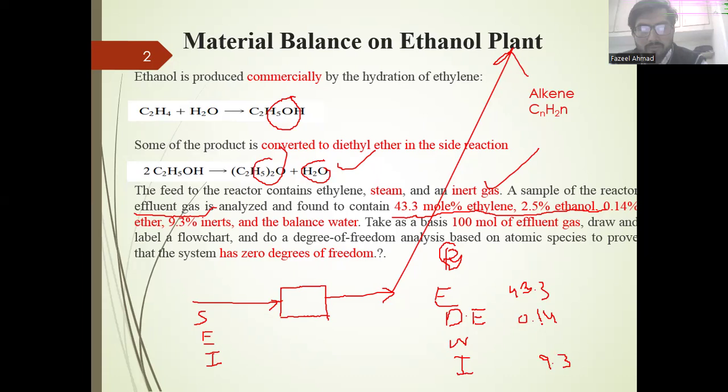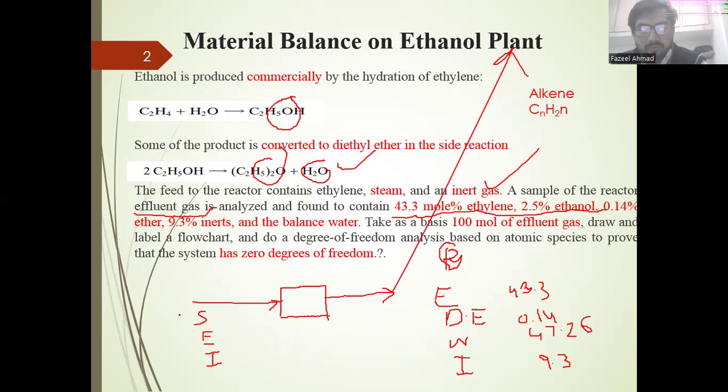You can subtract all the compositions from 100, because the percentage compositions total 100. Subtracting 43.3, 0.14 and 9.3 gives you 47.26% water.